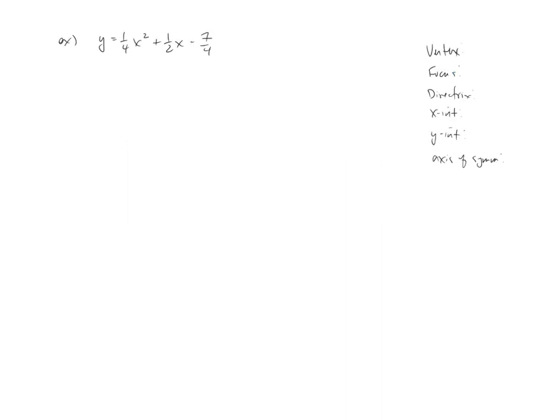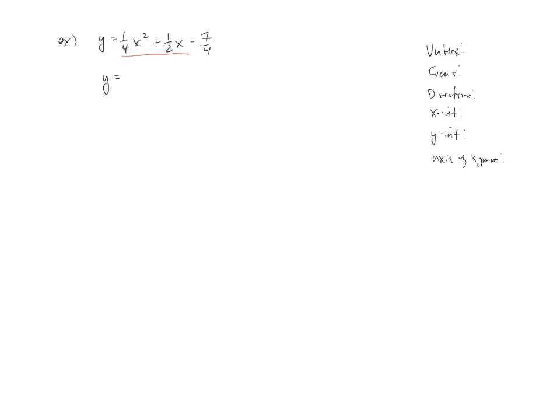So now in this example, we'll go ahead and graph the entire parabola, and I have listed on the side of the screen the information that we'll need to fill in as well: vertex, focus, directrix, the intercepts, and then the axis of symmetry. Now to put this into standard form, we're going to need to complete the square. When you complete the square, it's always done with respect to a variable.